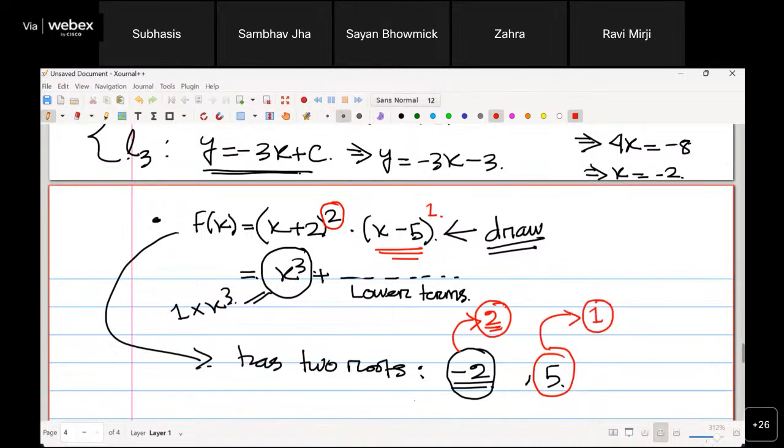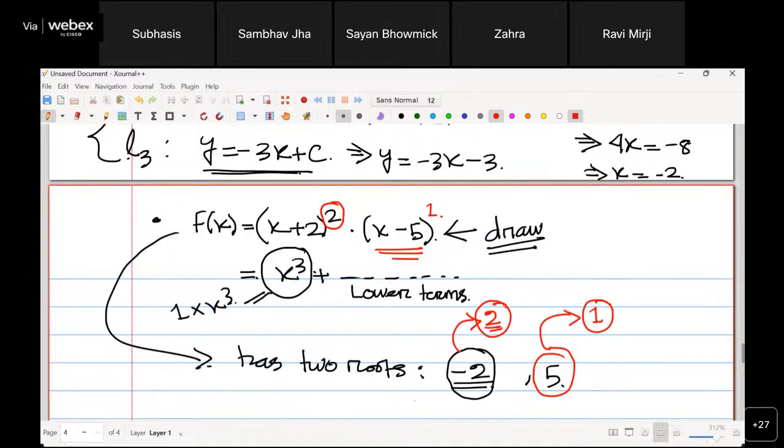This multiplicity will decide whether the graph of this function will cut the x-axis at that point or whether it will bounce back.